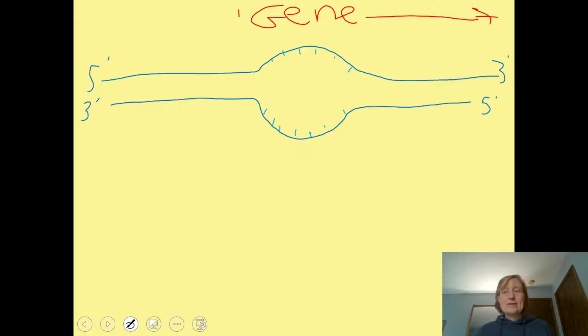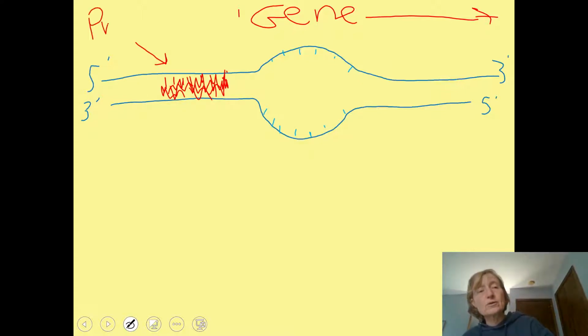At the beginning of it, at the front end of this gene, is a short sequence of DNA, maybe 25 base pairs, about 60 base pairs long. And that short sequence of DNA, actually I should have drawn this in green or something, okay? That short sequence of DNA upstream of the gene to be transcribed is called the promoter.